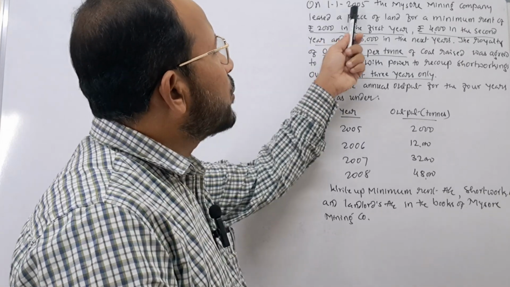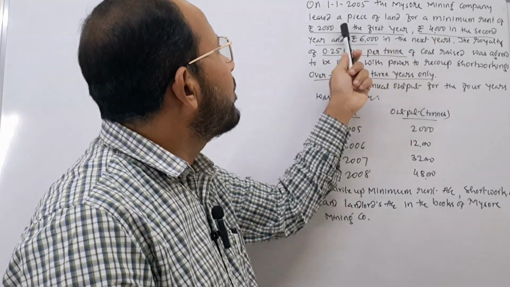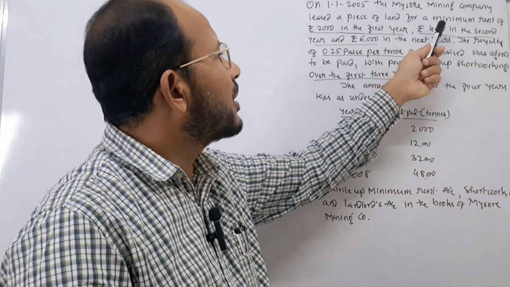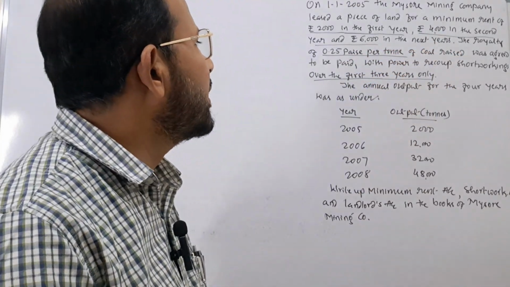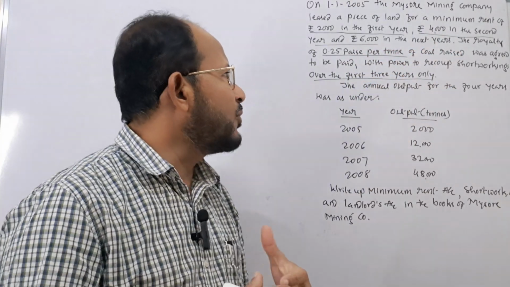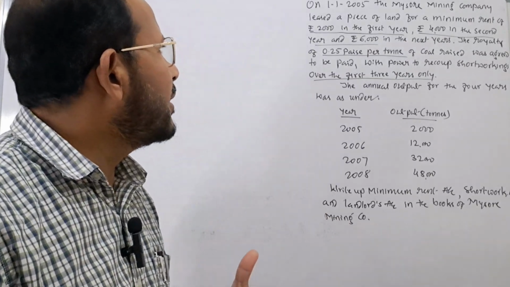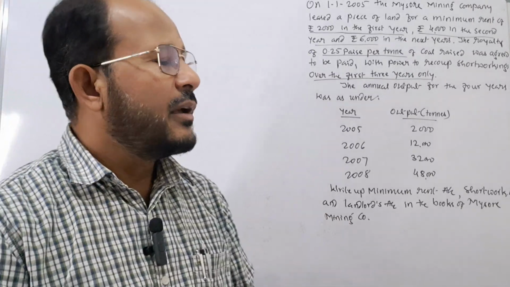On 1st January 2005, the Mysore Mining Company leased a piece of land for a minimum rent of rupees 2000 in the first year, rupees 4000 in the second year, and rupees 6000 in the next years.